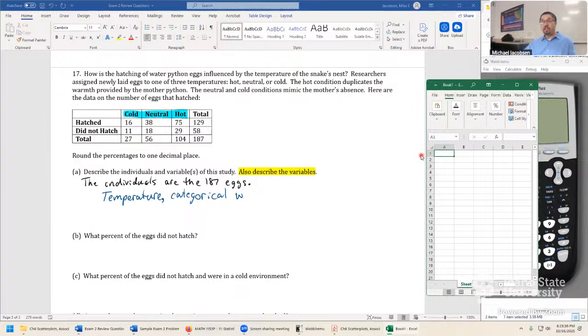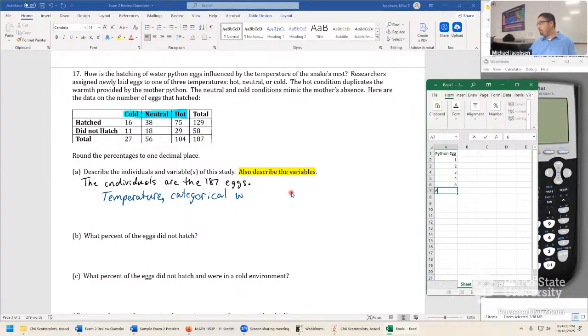The first column would be for the individuals, so this would be python egg. They might be coded some way, maybe a serial number, some kind of barcode reader device could read, or they could just have numbers, maybe drawn on with a Sharpie. They will be 1, 2, 3, and so on, all the way down to 187.